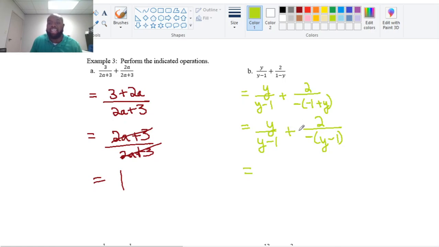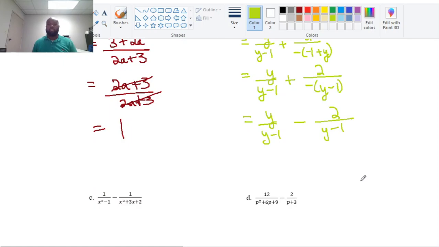And when you're adding a negative, that's the same thing as subtracting. So this statement is absolutely equivalent to that right there. And so now that I have the same denominator, I can subtract my numerators, keep my same denominator, and I have a simplified expression here. Remember, you can't cancel anything because they're separated by a subtraction, right?